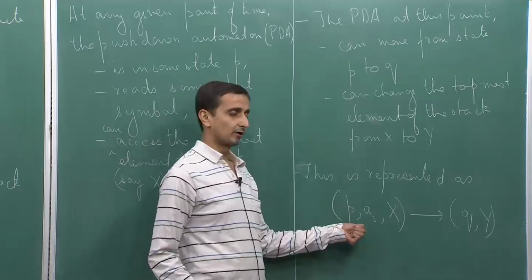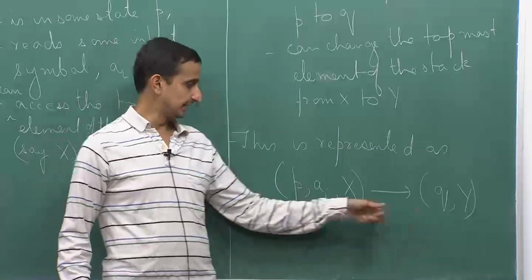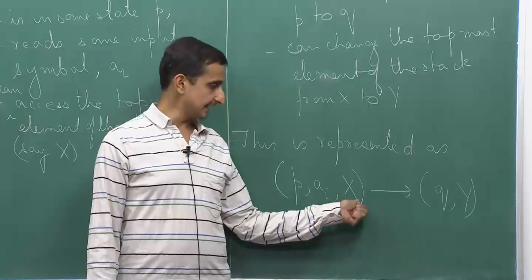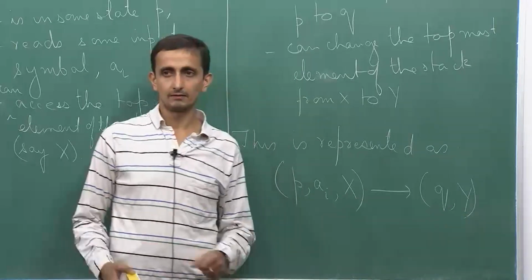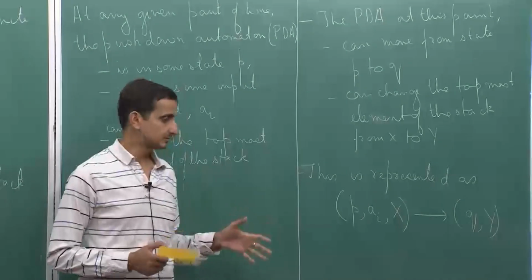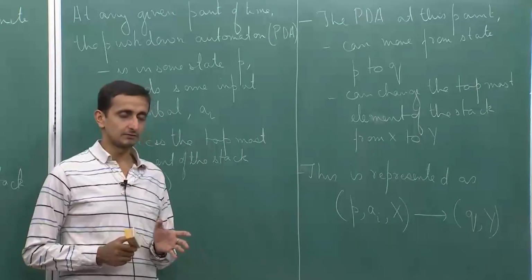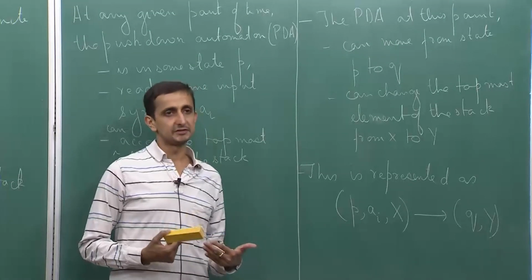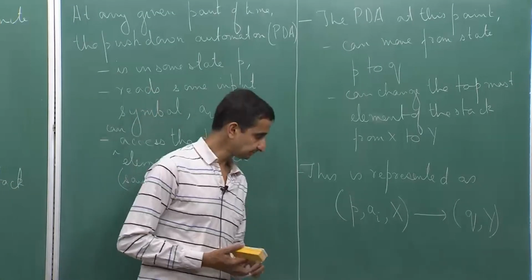So, this is essentially what it means. From state P, it goes to state Q on reading a_i and it replaces X with Y. Okay. So, this is what forms the basis of one step of the computation of a pushdown automaton.